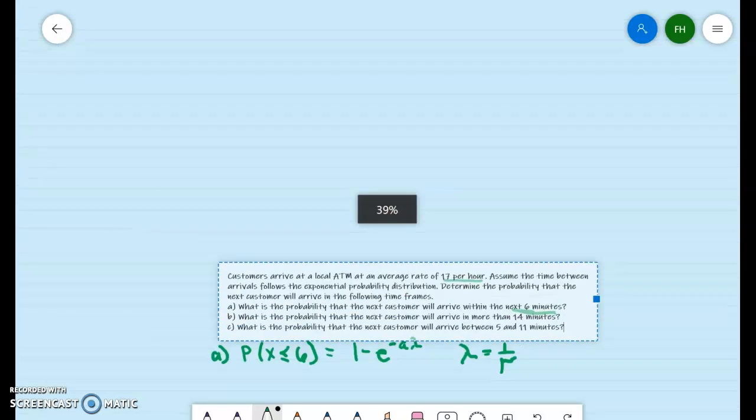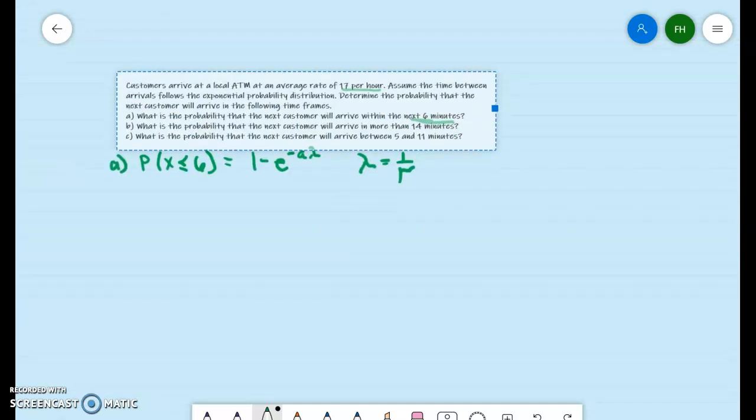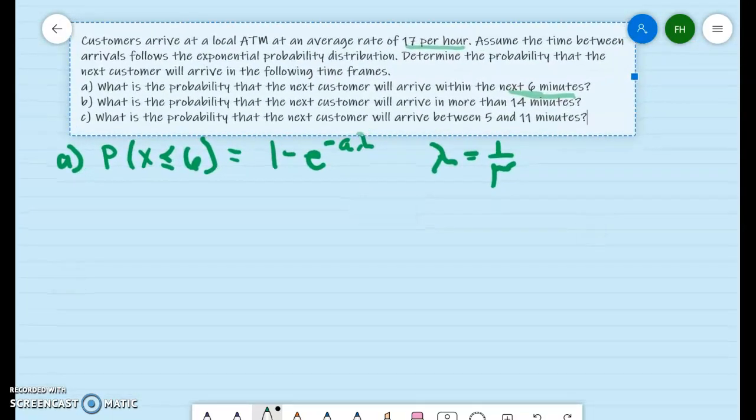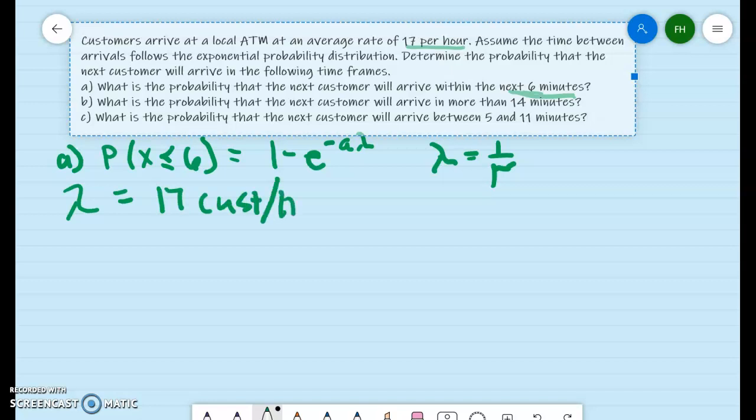So what we have to do is convert one of these. The way we're going to do it and the way the example does it is we have 17 customers per hour. So we're going to convert that to minutes.